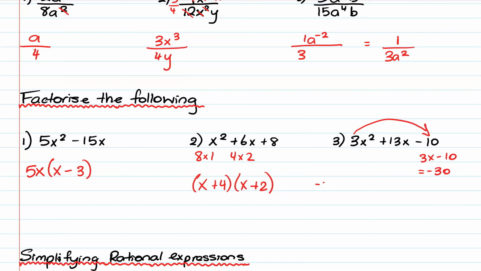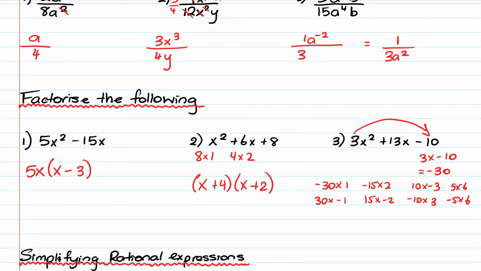So I've got -30 times 1, I can have -15 times 2, I could have 15 times -2, I could have 10 times -3, I could have -10 times 3, I could have 5 times 6, I could have 5 times -6 or -5 times 6. So I'll look at all of these and see which two add up to 13.